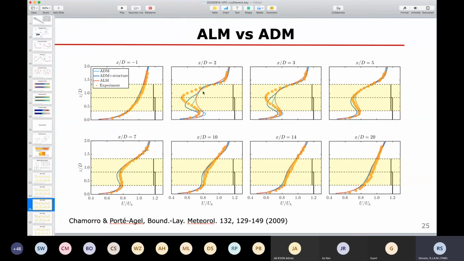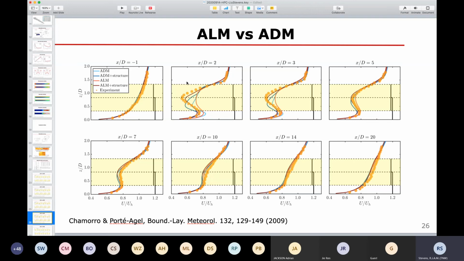If we do just an actuator line model, we see that it captures some of these things in the near wake at least better than the actuator disk model without the nacelle. But we get the best results when we do actuator line model plus this tower and nacelle, showing that it's important to have for the near wake both the actuator line model in there as well as the turbine nacelle and tower.